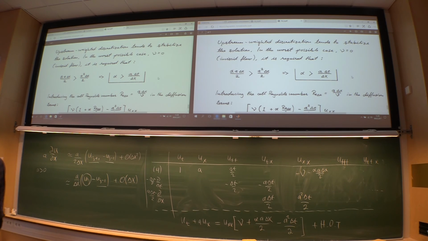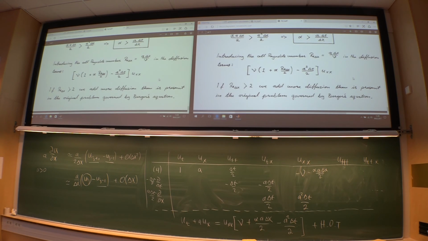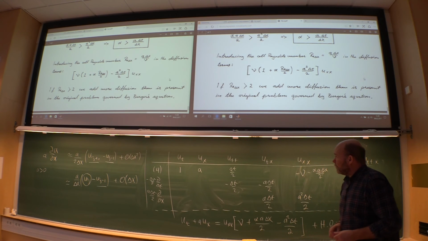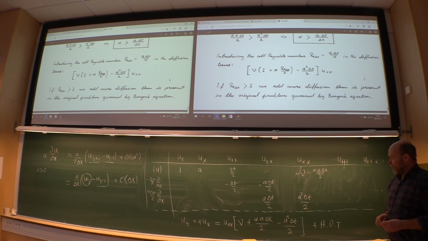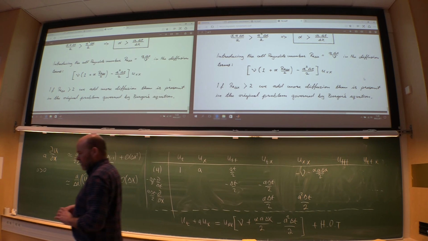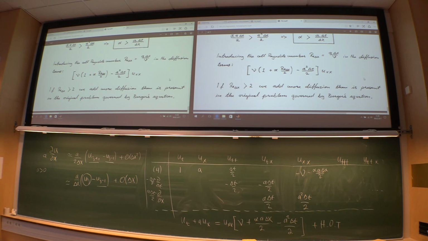Now we can look at the local Reynolds number. That's frequently something that people like to do. Local Reynolds number has the length scale of delta x. So you can reformulate this square bracket, and then you can see what you are actually doing if you are choosing a first order upwind scheme.